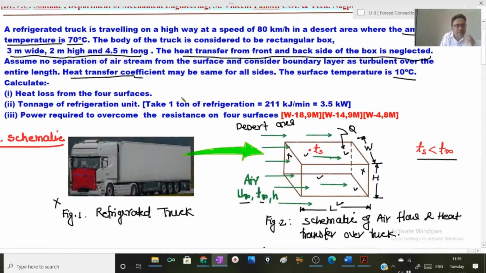Whatever value of h bar you have calculated, 52.37 or 52.56, that is going to be same for all the four surfaces: top, bottom, right, left.